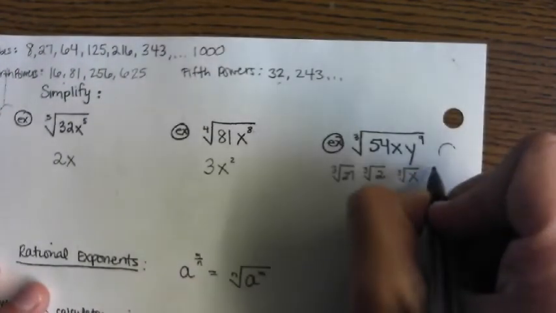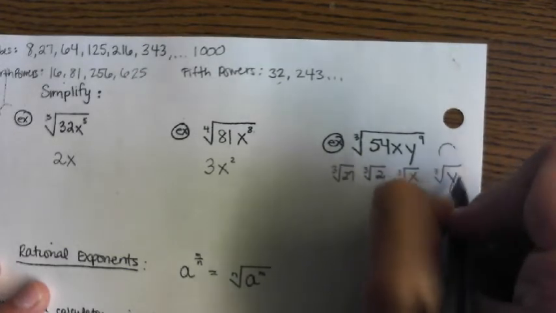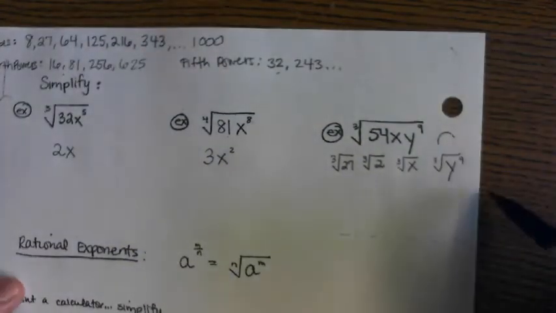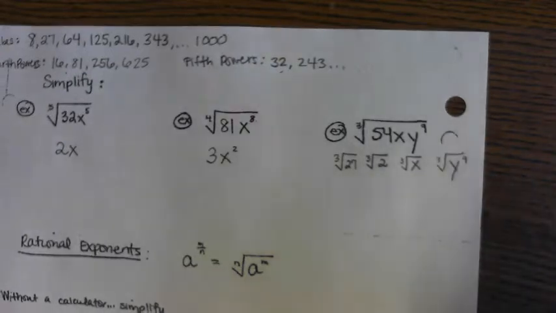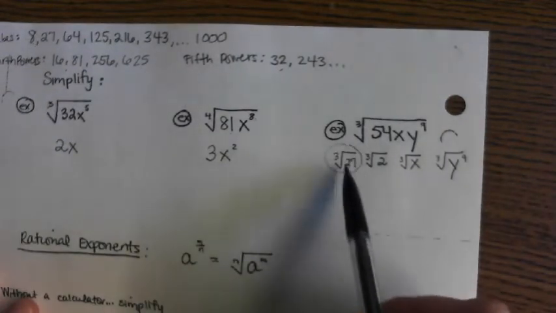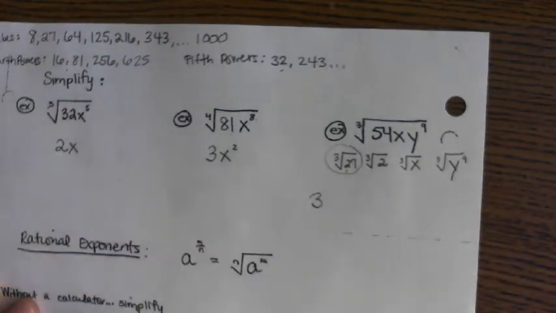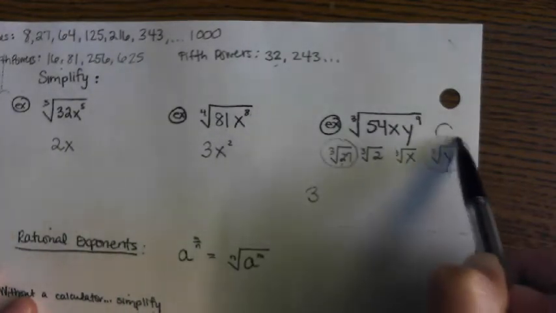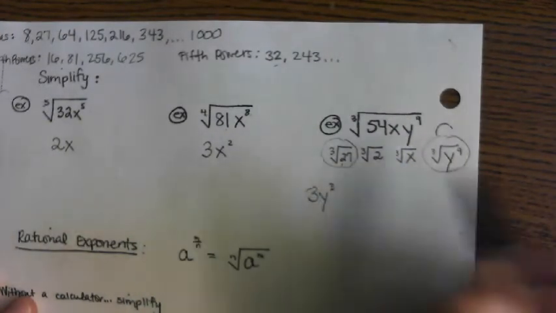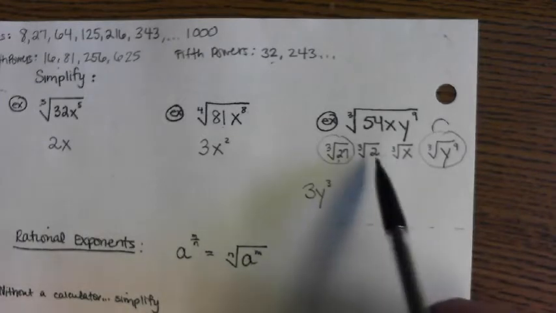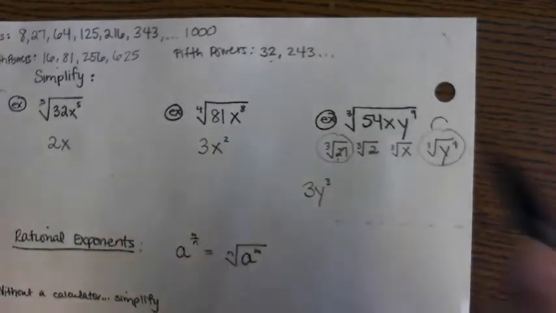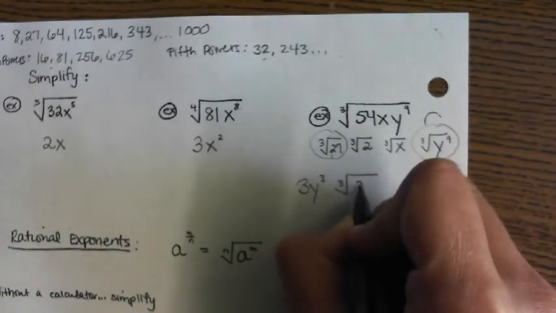And the cubed root of y to the 9th is going to work out well because 3 goes into 9 3 times. So we can evaluate this with the whole number 3. We can evaluate this with y to the 3rd. And then these guys are kind of stranded ducks here, so they just sit underneath the cubed root in your final answer, 2x.